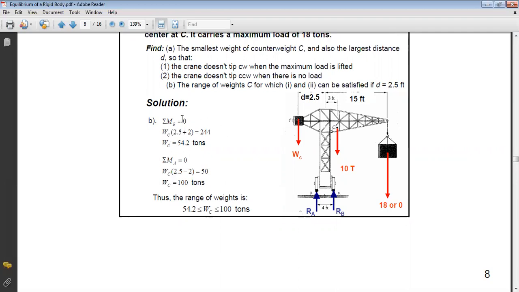If I write the sum of moment equation in the two critical cases, I obtain that the minimum value of the counterweight is 54.2, and the maximum value is 100. So to be on the safe side, to not have tipping over, WC should be between 54.2 and 100.